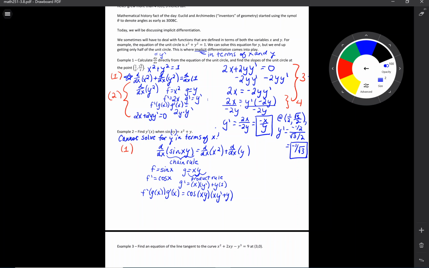This is the derivative of sine xy. So then going back up here, I have that the derivative of the left-hand side is cosine of xy times x y prime plus y is equal to, and then I have to take the derivative of x squared, which is 2x, and the derivative of y, which is y prime.